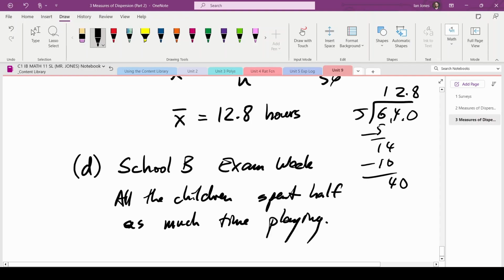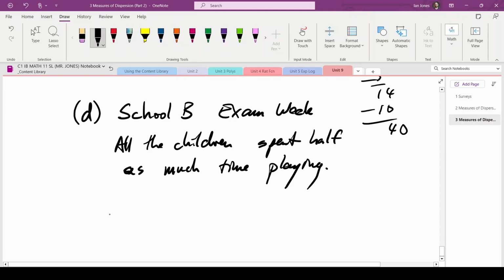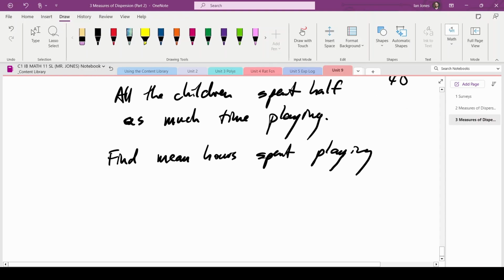Okay? This is all the children in School B. They want us to find the mean hours they spent playing and the variance in the hours spent playing.